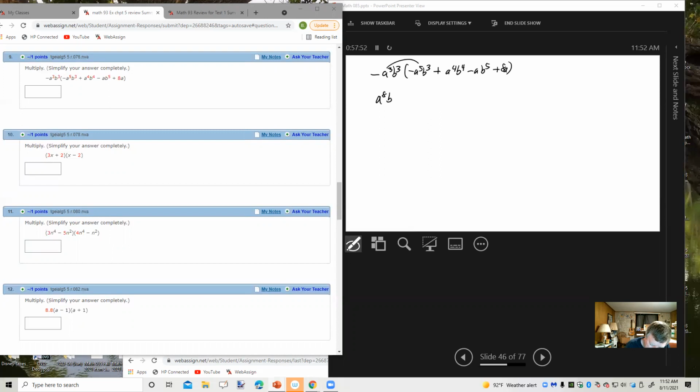A to the eighth, b to the sixth. Negative times positive is negative. A to the seventh, b to the seventh. Negative times negative is positive. A to the fourth, b to the eighth. Don't forget there's an implied 1 on that a. That's where I got a to the fourth. And then finally, minus 8a to the fourth b cubed.